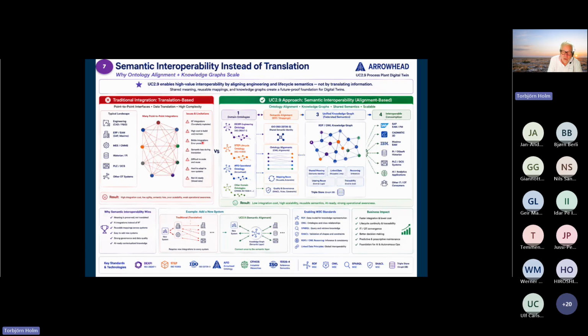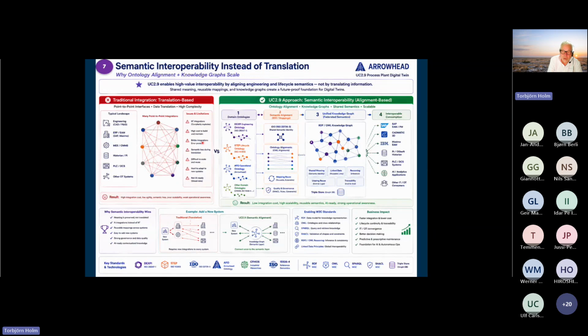So that's a little bit different to the goal of what Heiner was talking about. We are aligning very small parts of the knowledge graph to enable fast development and fast return on investment.